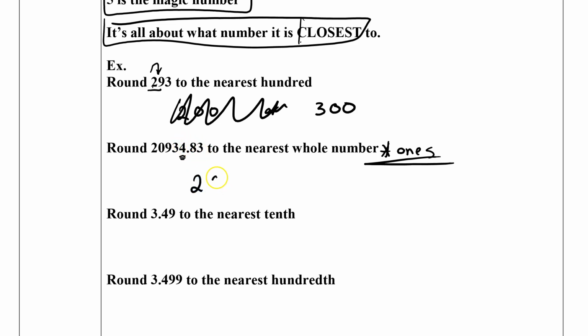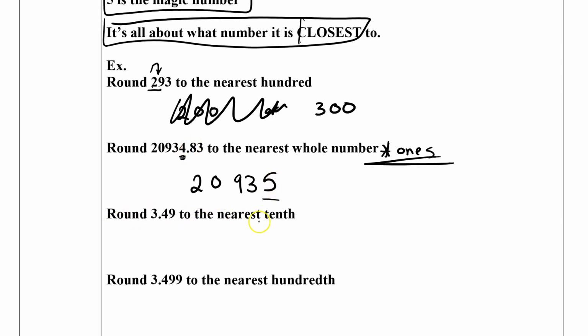So that would become 20,935. The algorithmic approach to it is you go to the ones column, you go to the place value that is directly to the right. I'm noticing that the 8 is greater than 5, so then the 4 becomes a 5.